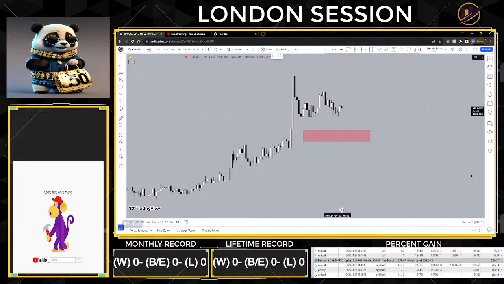What I am looking for is a tap into the zone, some type of rejection, and then upward momentum creates an imbalance over here, and then take out this high. This is a very high probability trade. I would love to take positions at around 2004, 2003 with a stop loss at 1998, right below the final order block that we saw right here.